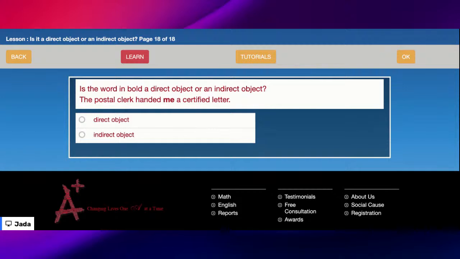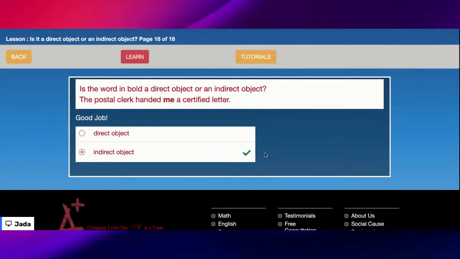So what's the last answer here? Okay. Two. All right, let's see.